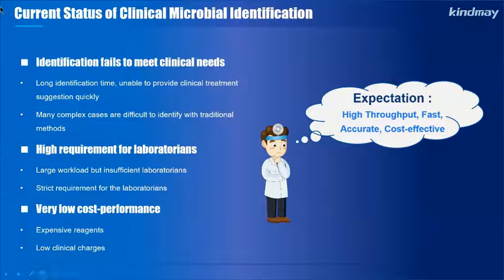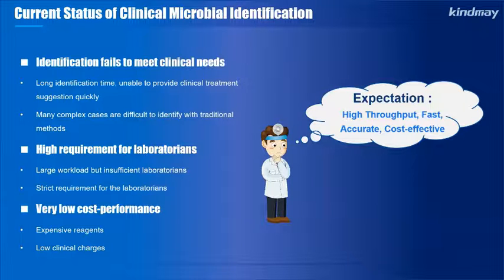And second, it has a high requirement for the lab technician. Most of the operation is manual, not automatic, so the workload is large, and it also requires a lot of experience from the lab technician. The last one is low cost performance: expensive reagents, but low clinical charges.